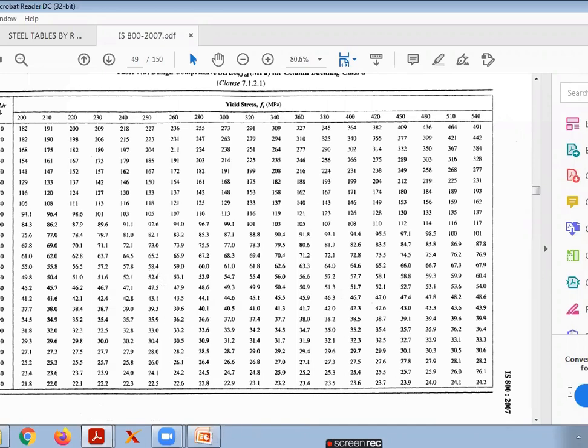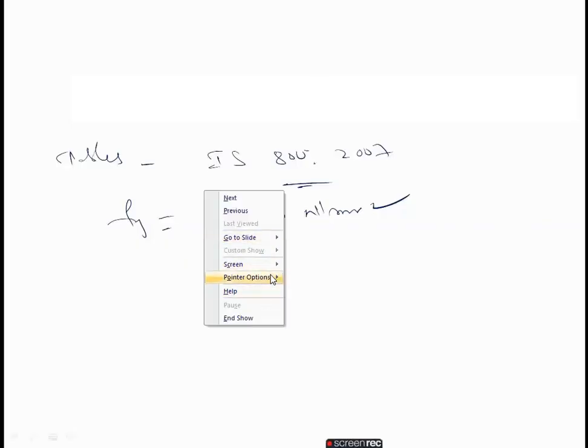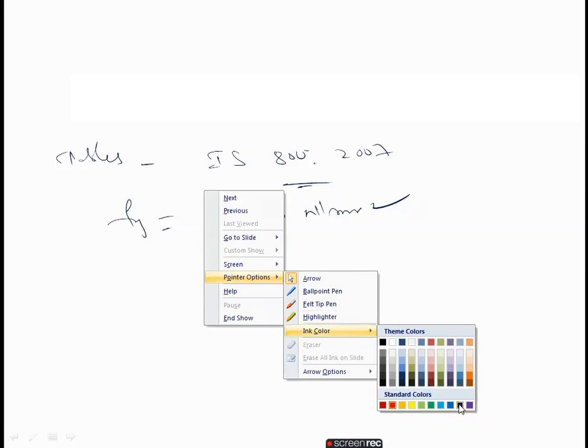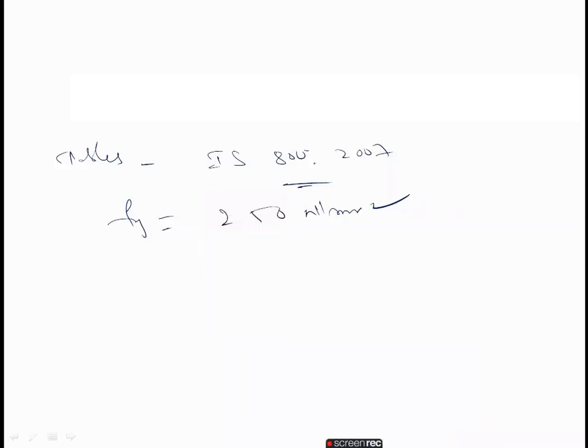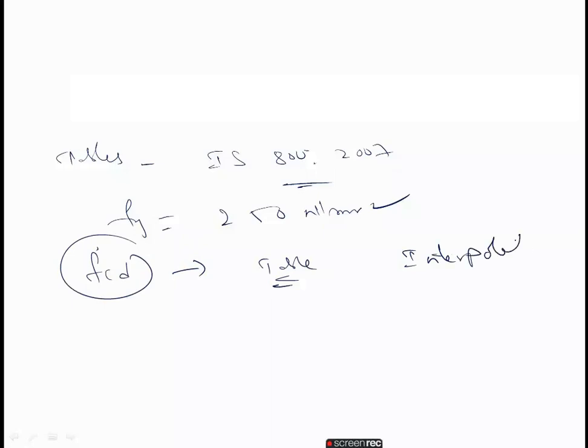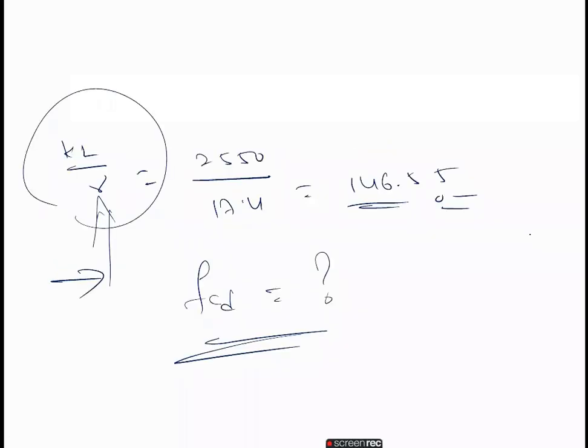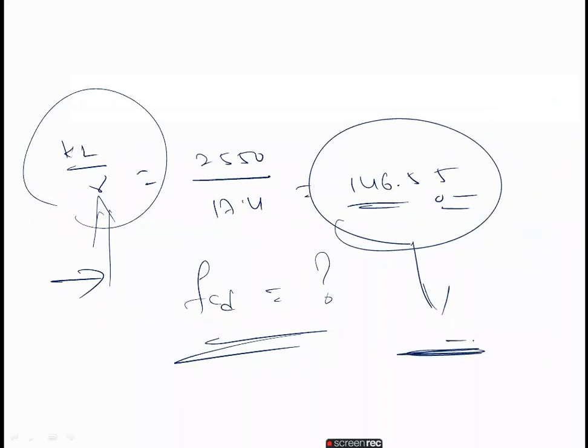Yesterday's class I told you already; I will write again here for your better understanding. Suppose we have to calculate the FCD value. The FCD value we calculate from the table by interpolation. Our KL by R value is 146.5, and for this you have to calculate the FCD value. But in the table they have given values for 140 and for 150.